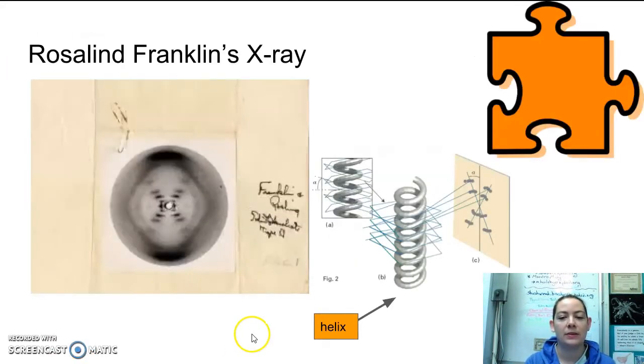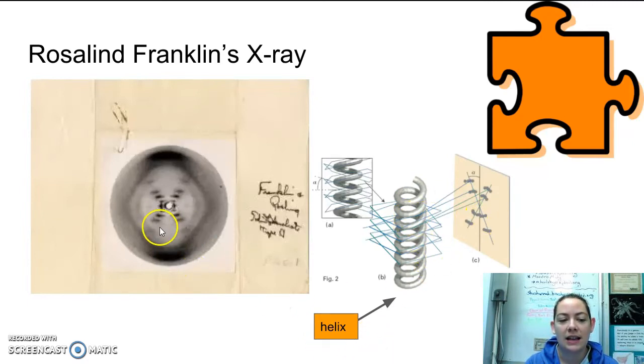So one of those puzzle pieces was an X-ray picture made by Rosalind Franklin. So she also isolated DNA, stretched it out, and took X-rays of it. And then this was her most famous one. She saw this, and she said, aha, that's the exact same pattern you would see from a spiral or a helix shape.